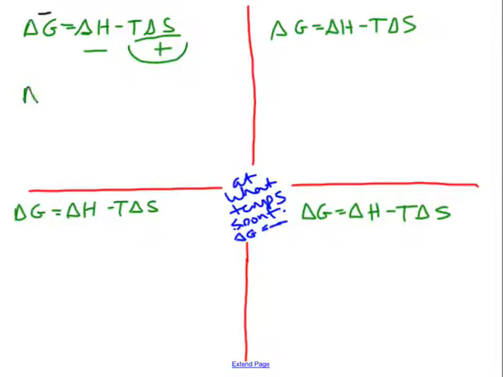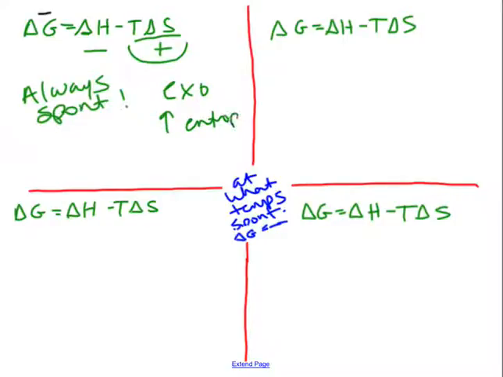Always. So this is going to be a combination where we get always spontaneous, or always thermodynamically favored, when we have an exothermic reaction and an increase in entropy. That's always spontaneous.